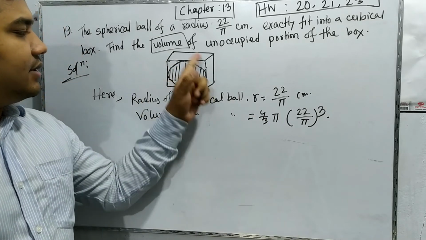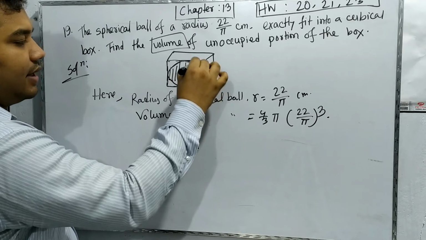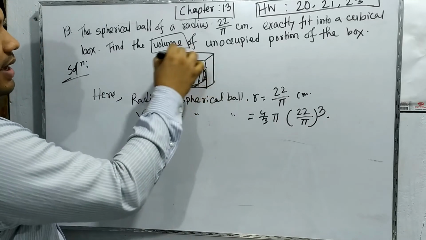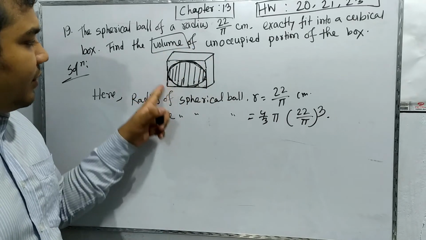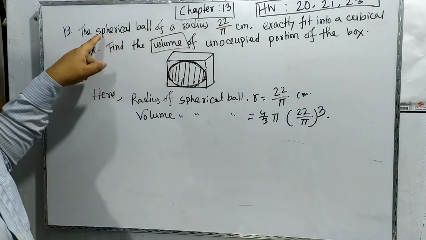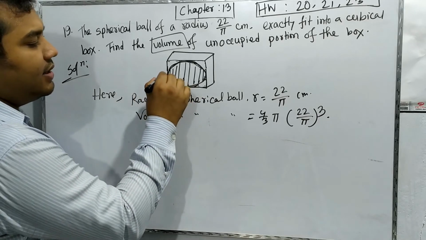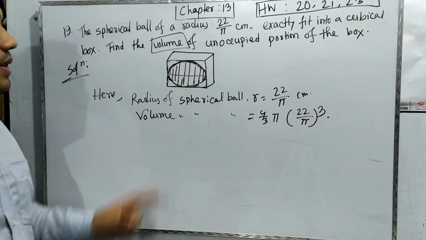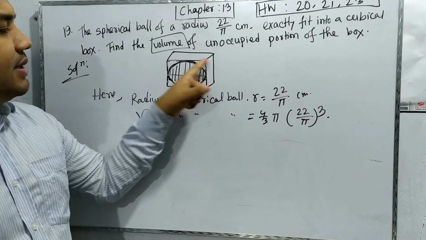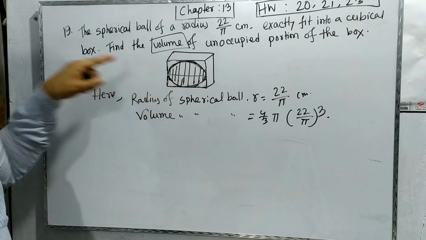So we get the volume of the ball. Now we need to find the volume of the box. How can we find it? If we find the diameter of the ball, then this diameter represents the side of the box.